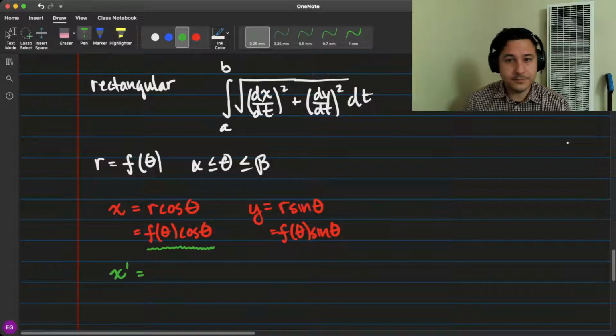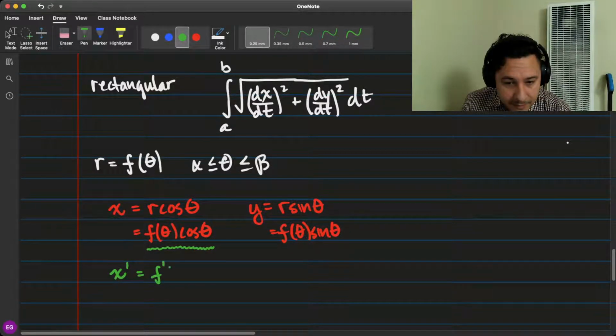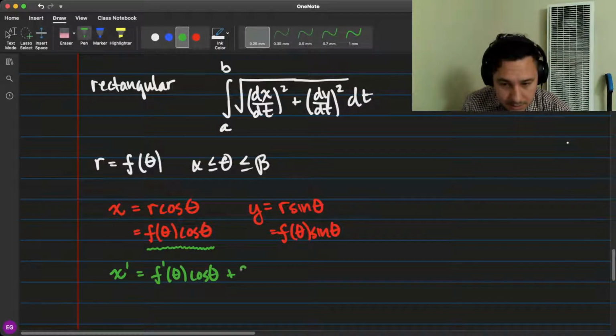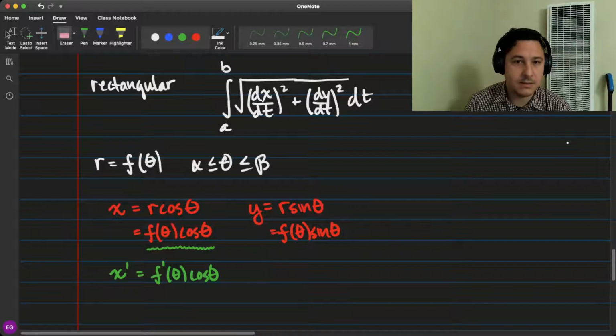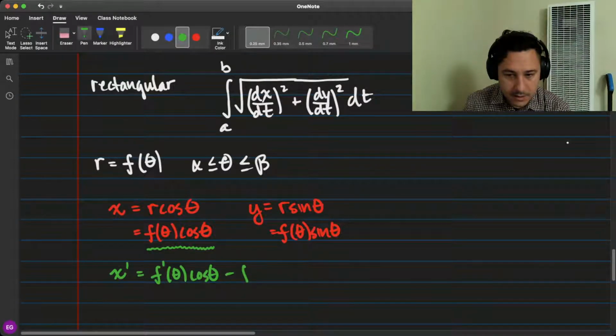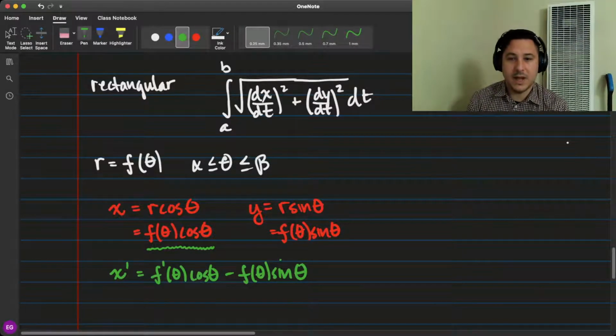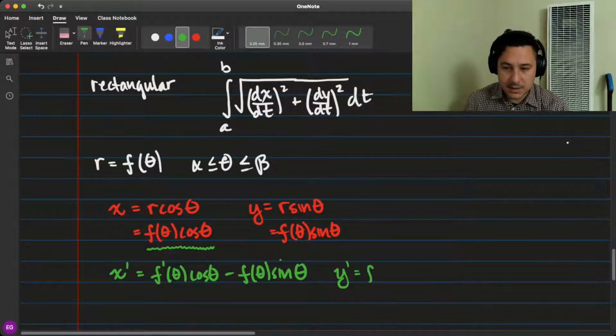So we get f prime of theta cosine theta plus f of theta times minus sine theta, so this becomes minus f of theta sine theta. Likewise, we'll do the same thing for y. y prime is f prime of theta sine theta plus f of theta cosine theta.